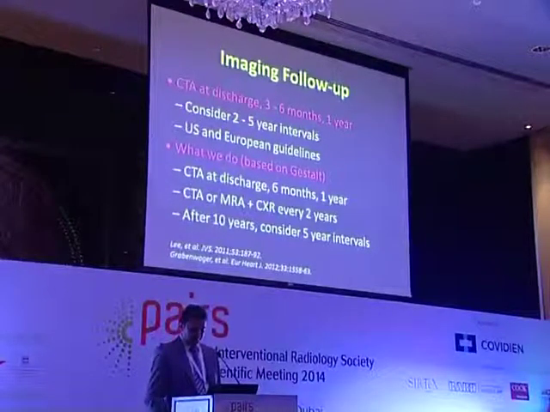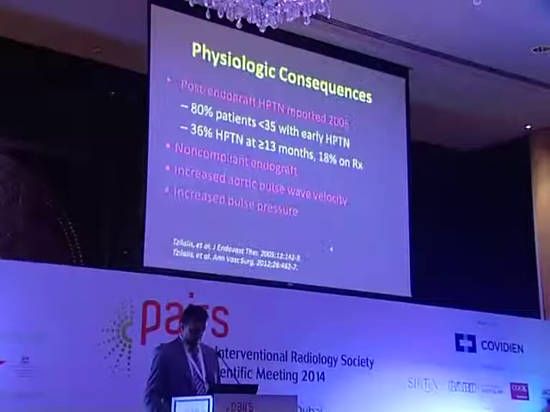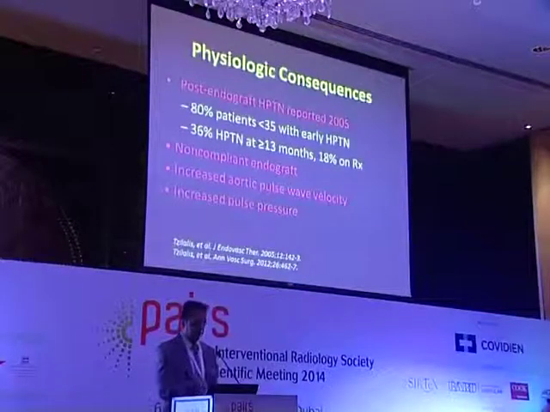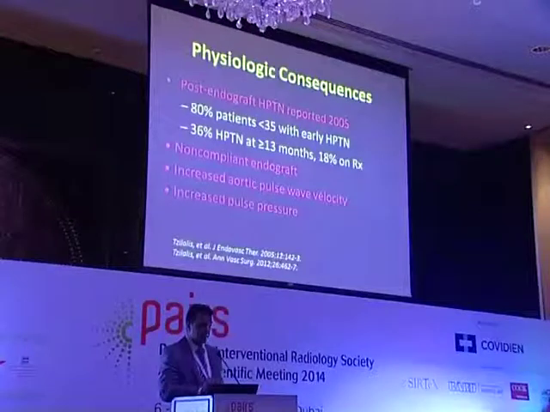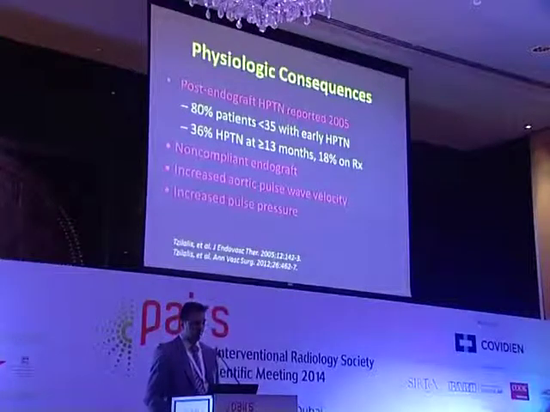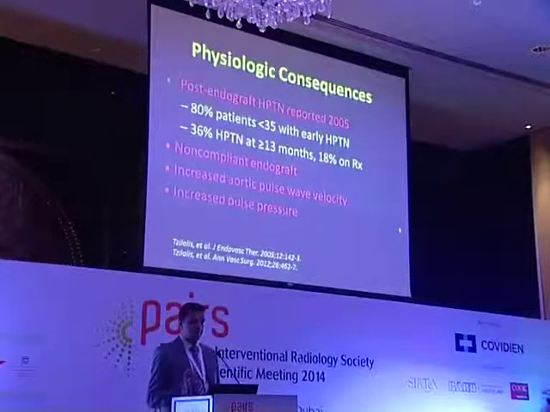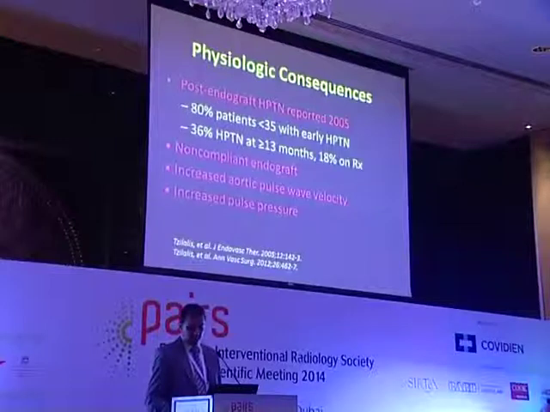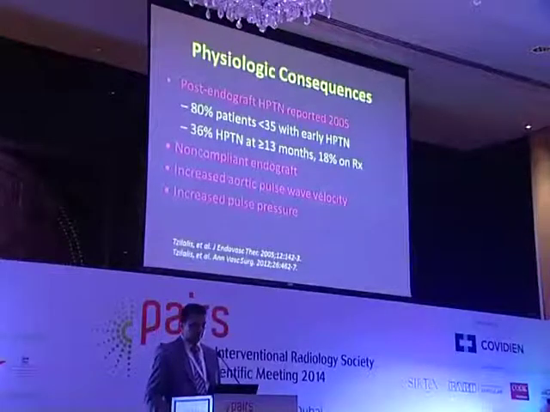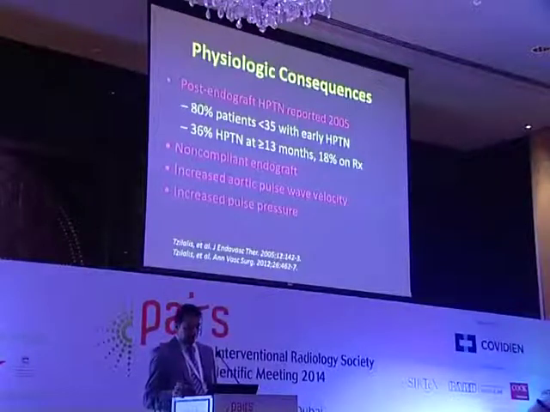And as I said, there is a physiological consequence. Patients who received aortic stent in young age, up to 80% of the patients developed hypertension, and 18% of these patients developed immediately after the stent graft implantation a hypertension because of the non-compliance of the endograft, increased aortic pulse wave velocity, and increased pulse pressure.